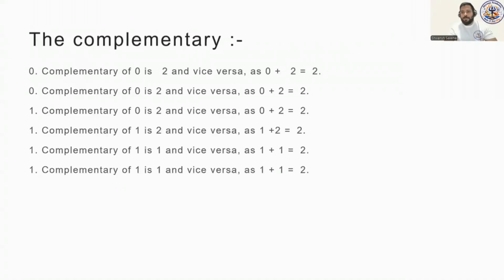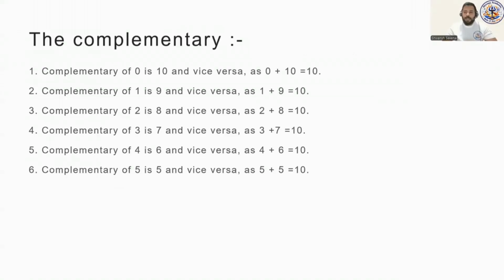So the complementary. The complementary of 0 is 10 and vice versa, as 0 plus 10 makes 10. Complementary of 1 is 9 and vice versa, as 1 plus 9 is 10. Similarly, complementary of 2 is 8, 3 is 7, 4 is 6, and 5 is 5.